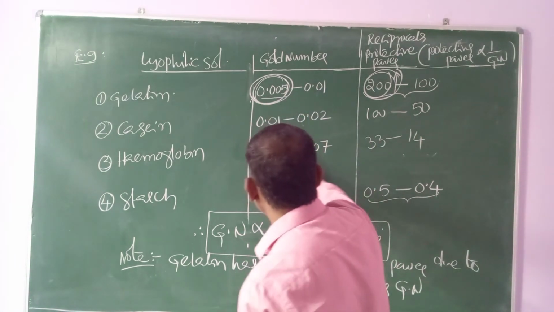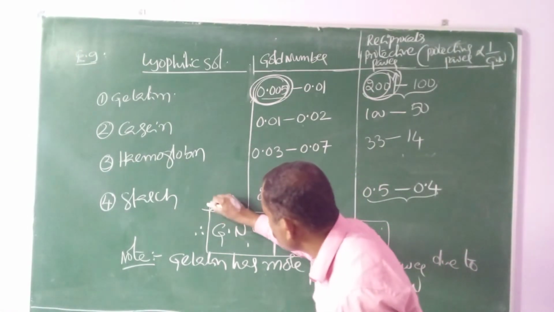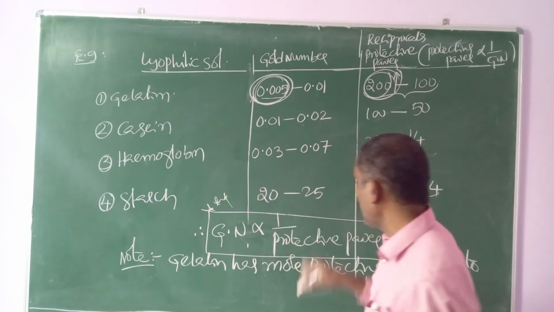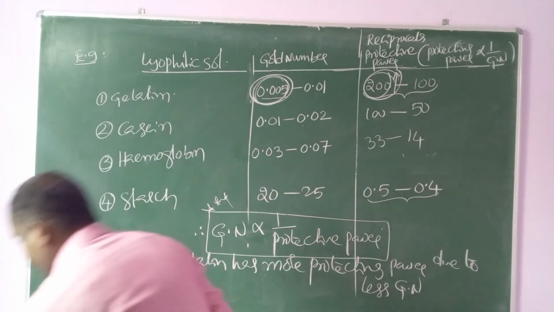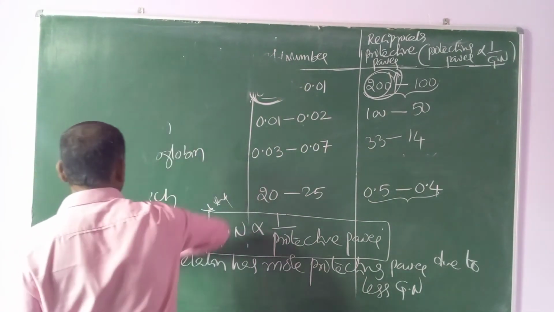So there is no need to learn these values by heart because the values are experimental values. At least this relation you should remember: gold number and protecting power are inversely related. So this is about the gold number concept.